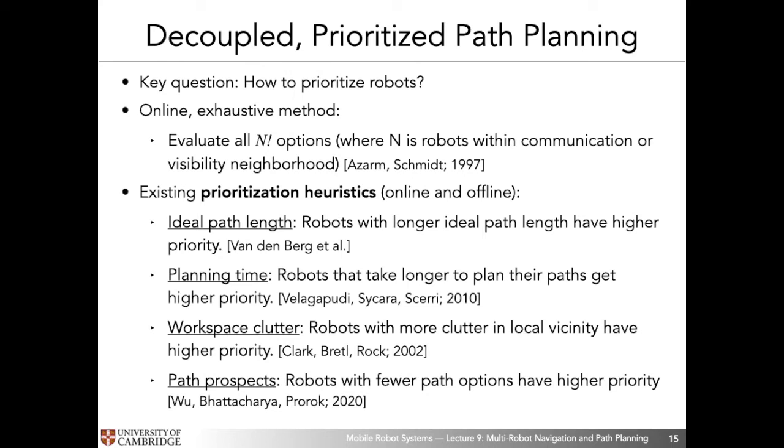If you don't want to go through n factorial prioritization options, there are also some heuristics you can use to prioritize. And various heuristics have been proposed, and these various heuristics all have different pros and cons, depending on what kind of applications you're interested in. You might want to use one heuristic over another. So, for example, using ideal path length has as a consequence that robots with longer ideal path lengths get priority, and hence they get to plan first.